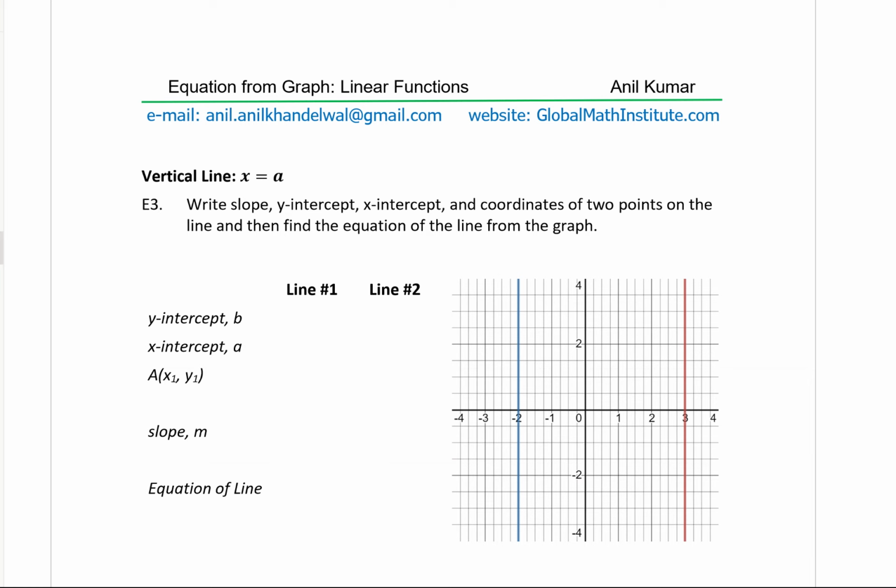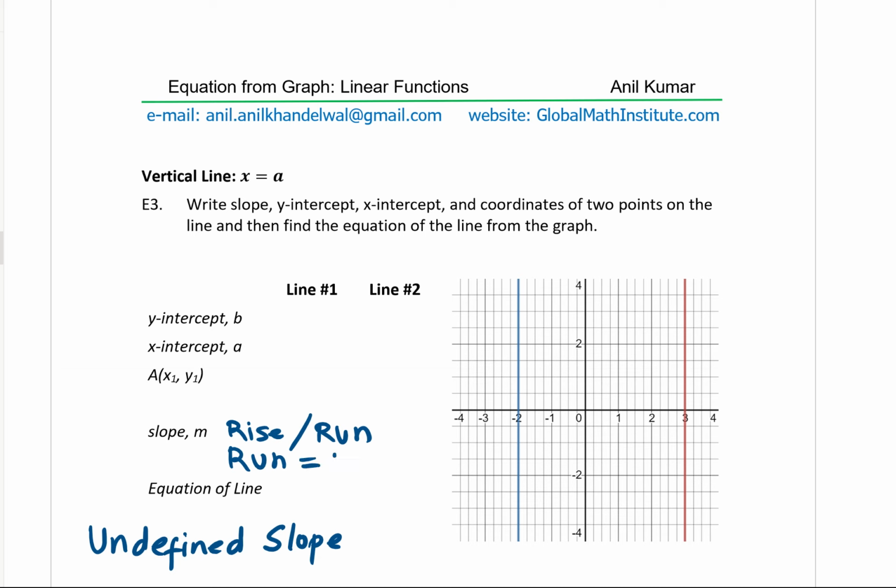Now we have an example with vertical lines. So the vertical lines have undefined slope. As you can see, the run is 0, right? So the slope is rise over run, and in this case, run is equal to 0.